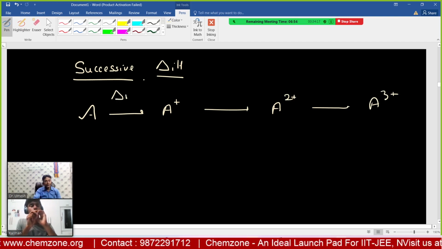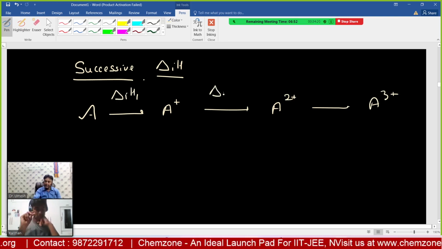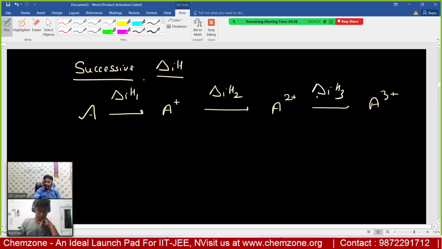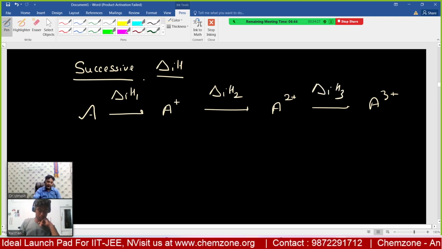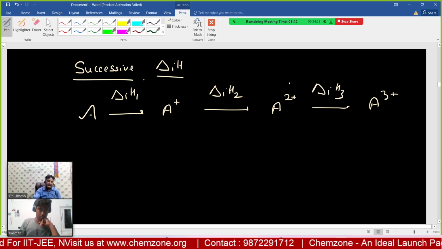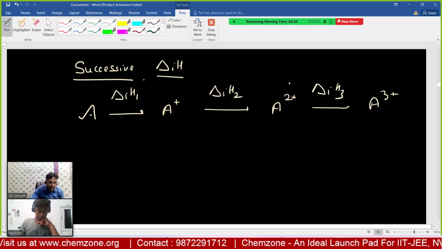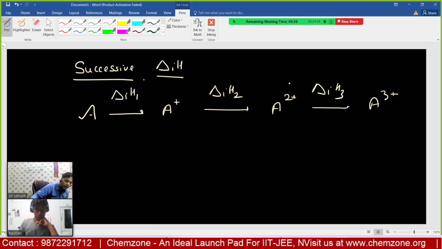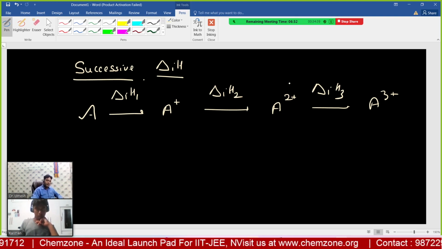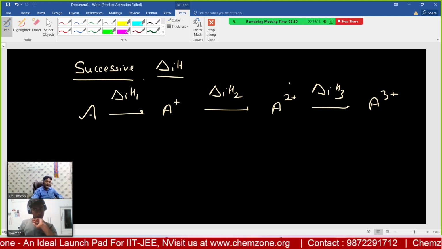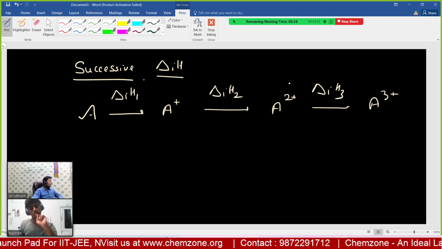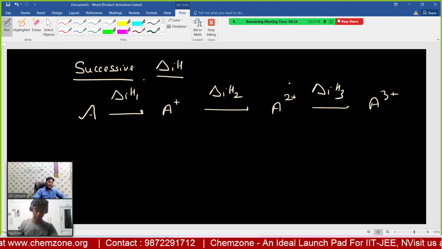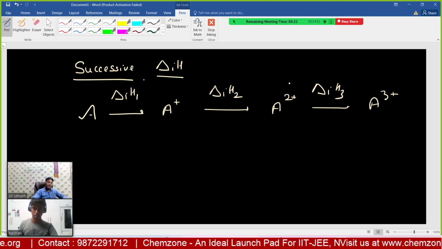This is called the first enthalpy of ionization. Now the successive will be called the second enthalpy of ionization, third enthalpy of ionization, or fourth enthalpy of ionization. Successive enthalpy of ionization means the energy required to remove an electron after removal of the first electron. When it becomes a unipositive ion or dipositive ion, from the already formed ion we are removing one more electron. How much energy is required, that is called the successive enthalpy of ionization.